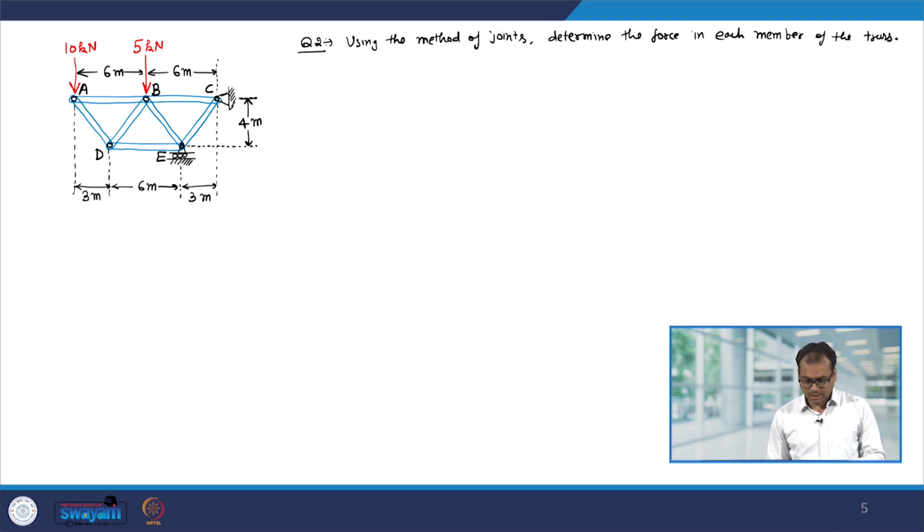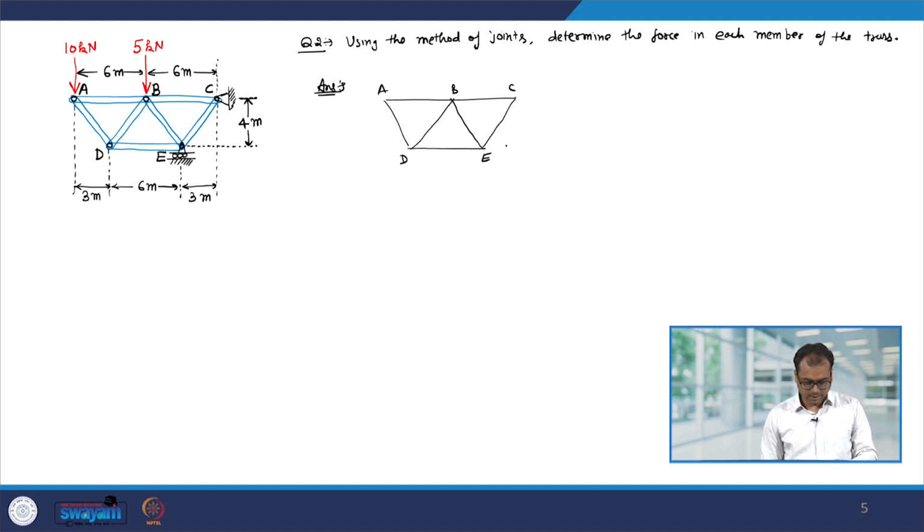So, let us see here. You have this truss, and the points are A, B, C, D and E. Now, at point E you have a roller support, so it will support the force only in the y direction, so only Ey.